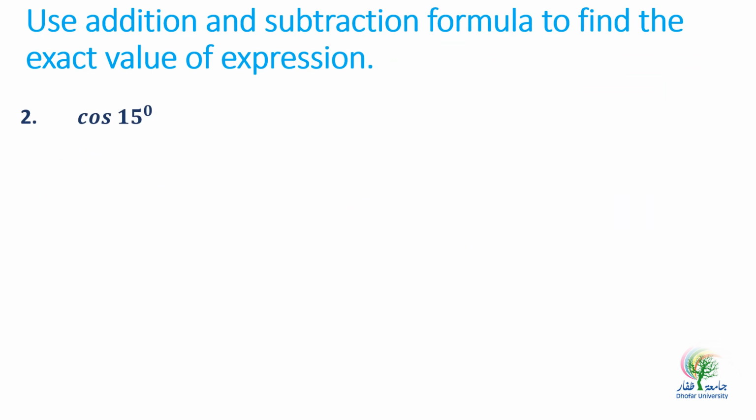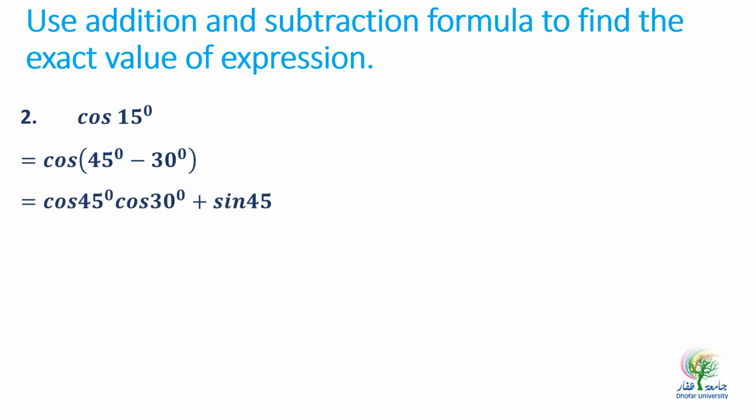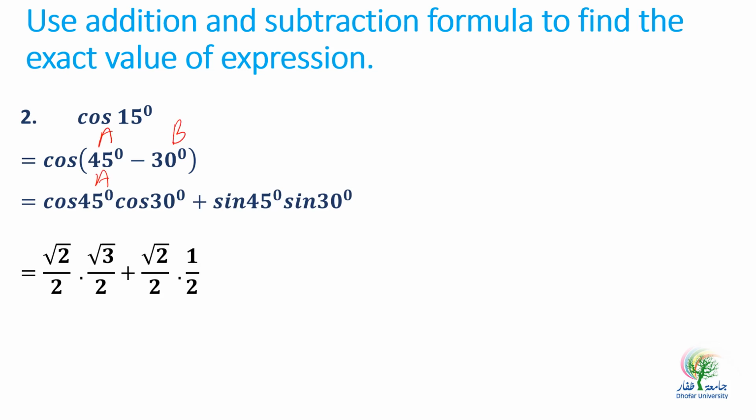Similarly, question number 2, cosine 15 degree. 15 degree we can write as 45 degree minus 30 degree. So we will use the formula of cosine. If this is A, this is B, we write cosine A cosine B sine A sine B. If minus, we write plus in between.